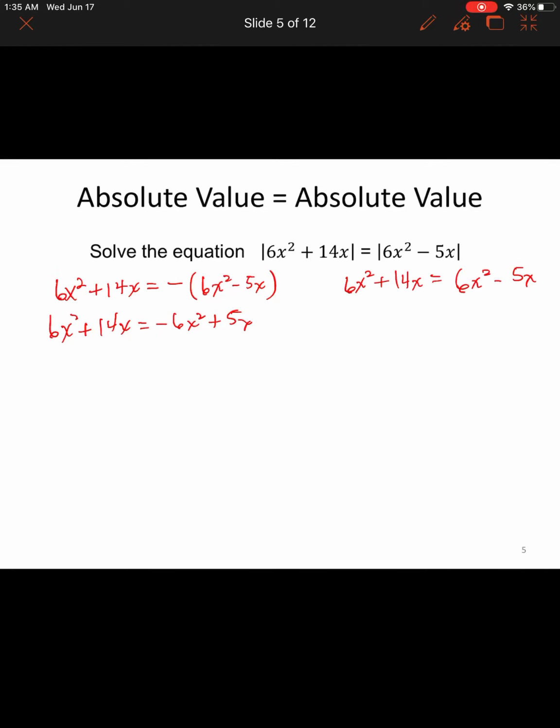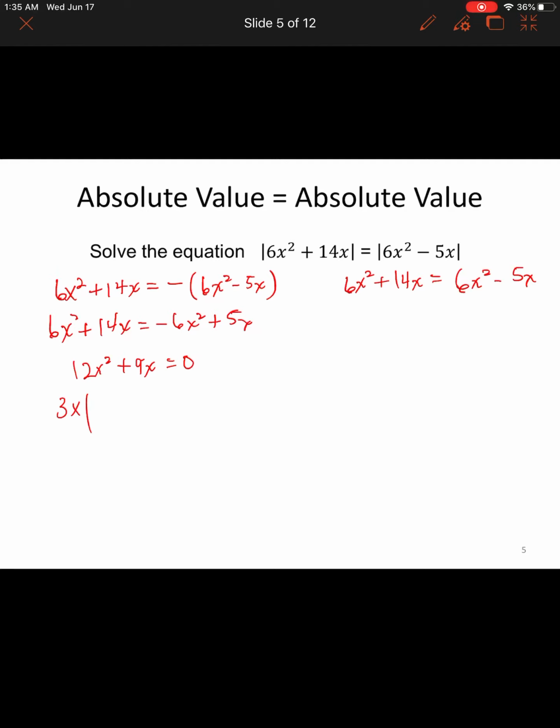Distribute the negative, and you'll go through and solve these things. 12x squared plus 9x equals 0.